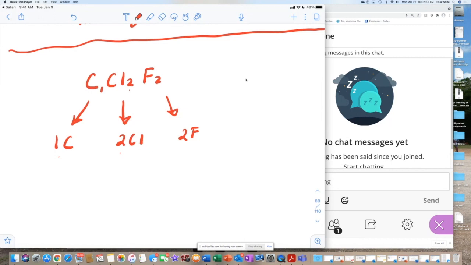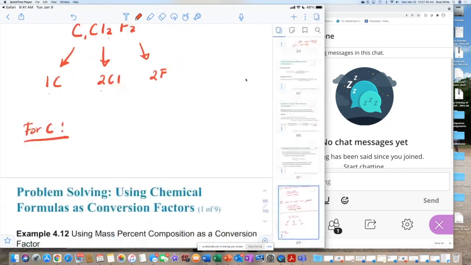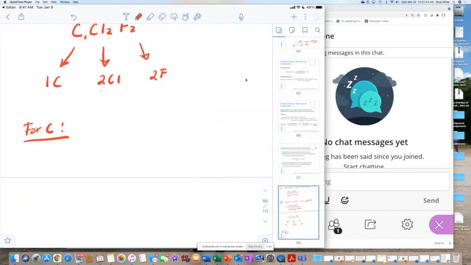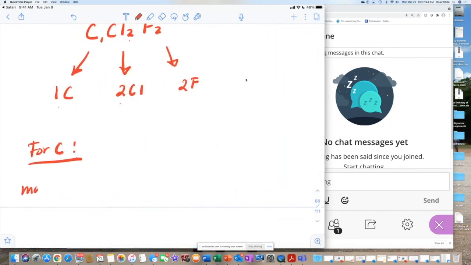So here, I'll do it for carbon, okay? For carbon, our mole relationship is mole of carbon over mole of the whole compound, CCl2F2. Okay?